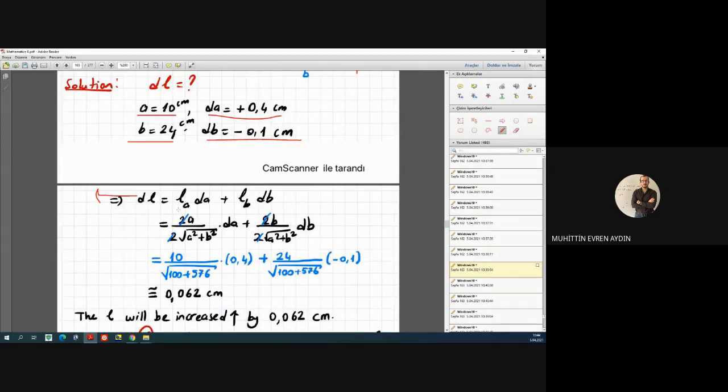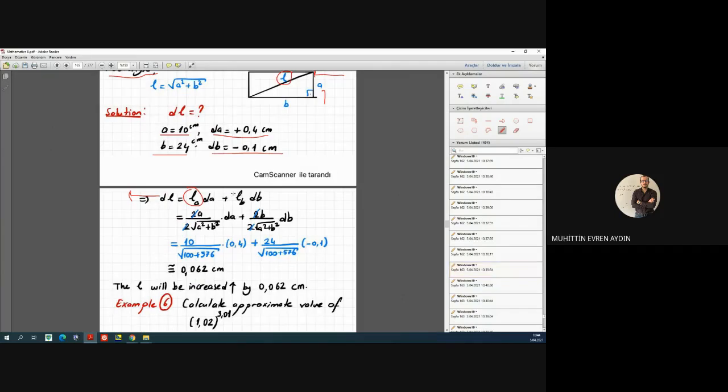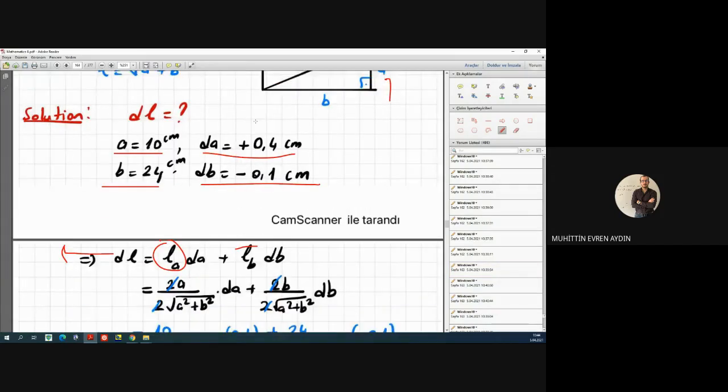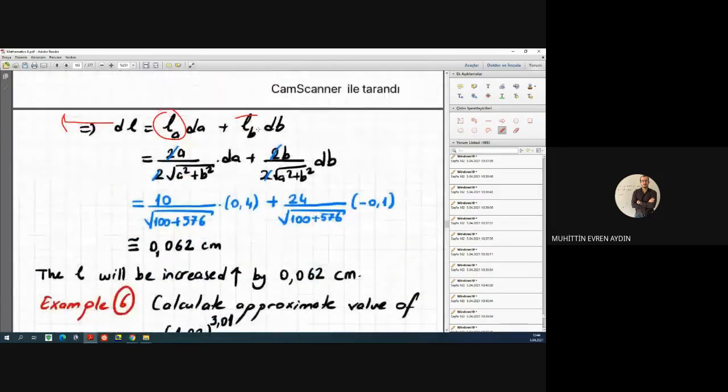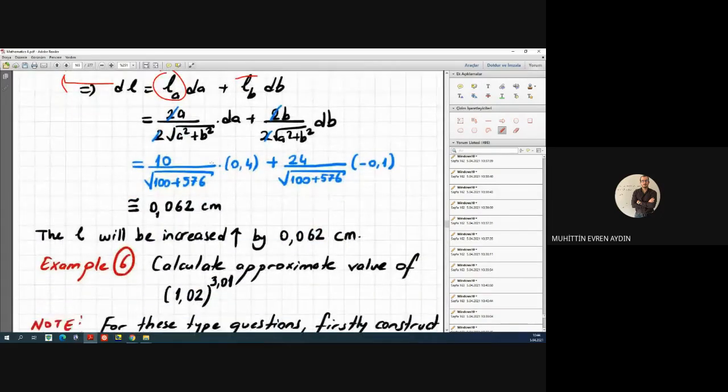If we replace the values of the derivatives in this equality, then we obtain 0.062 centimeter, which means that the diagonal side will be increased approximately by 0.062.